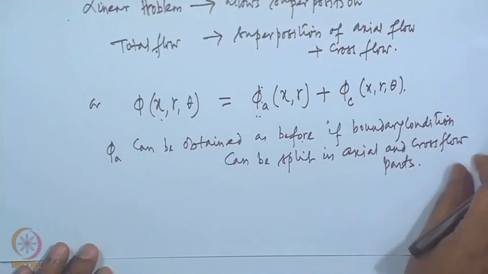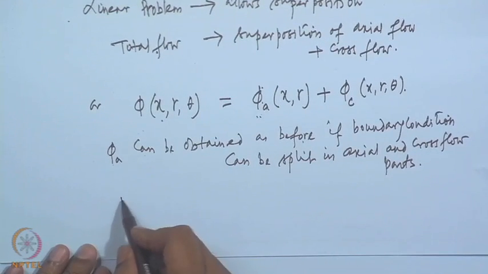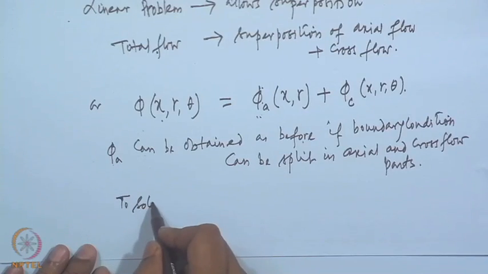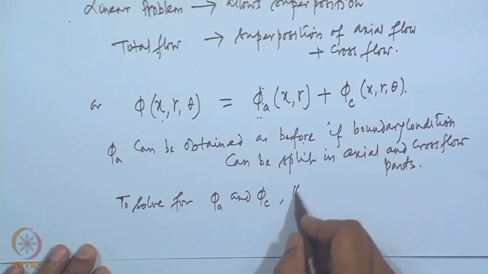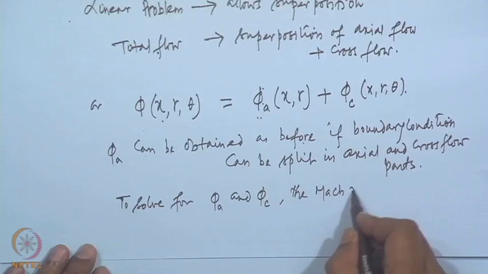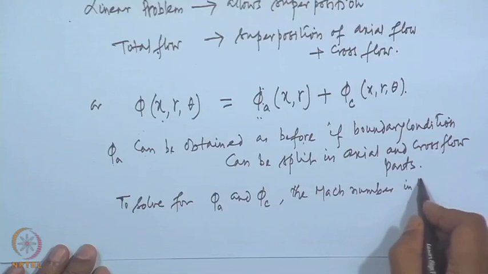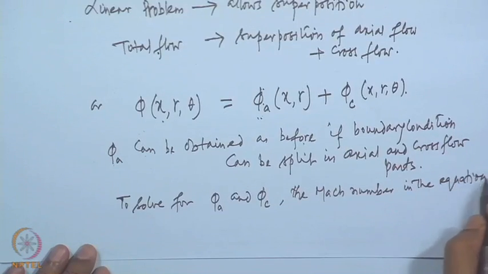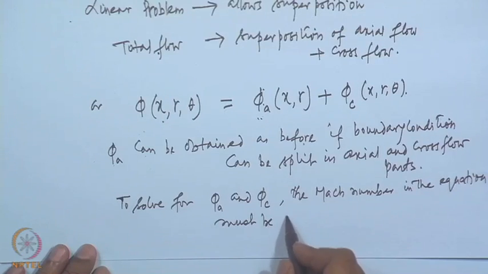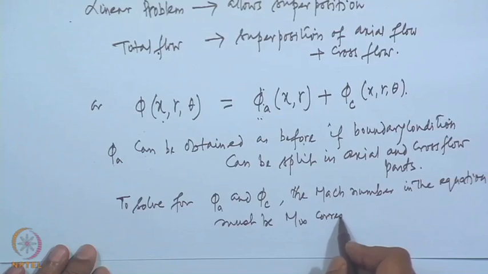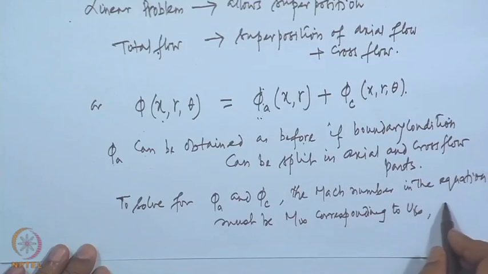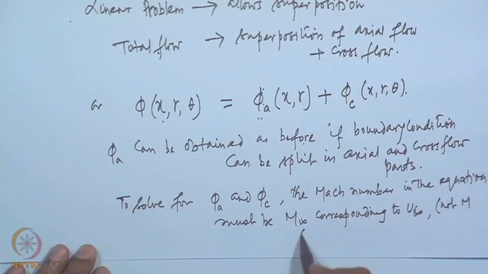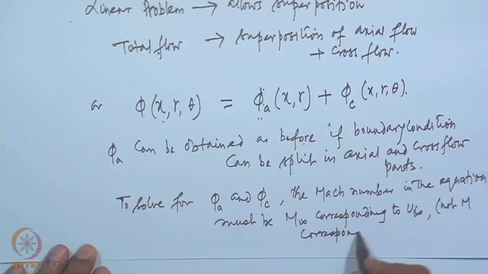So, to solve for phi a and phi c, the Mach number in the equation must be m infinity corresponding to u infinity, not the Mach number corresponding to u a and u c.